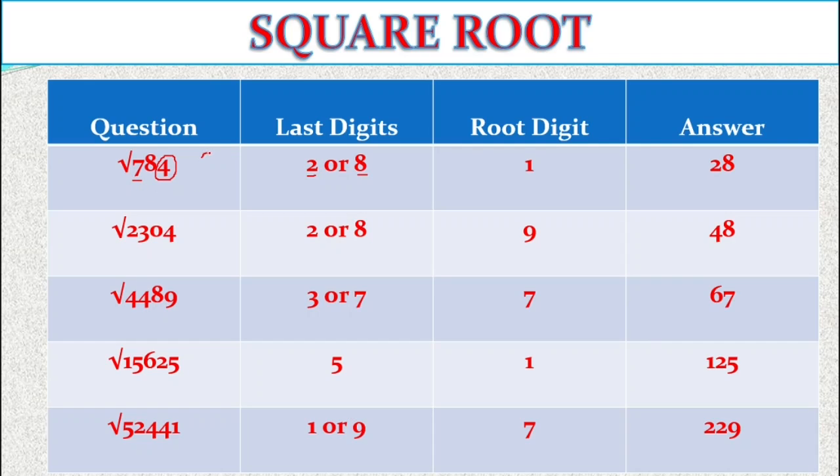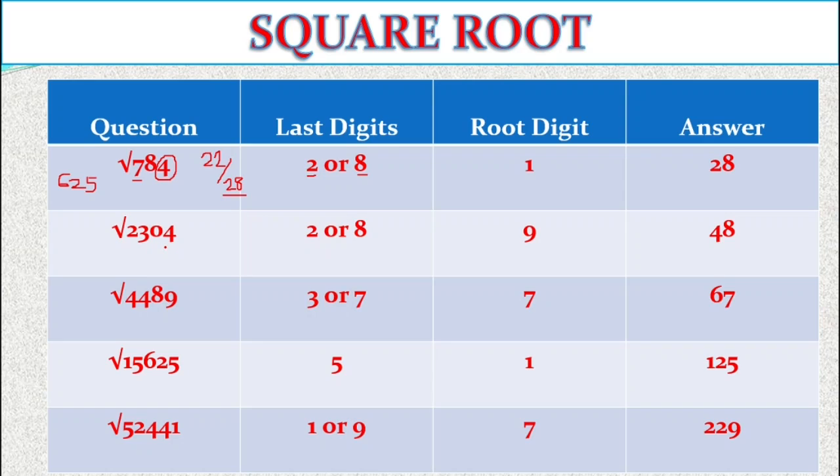So 2 is the probable, 22 or 28. Which one is the correct answer for it? Again, take the same one. What is that? 25 square is 625, and 784 is greater than 625, thereby 28 is the answer.